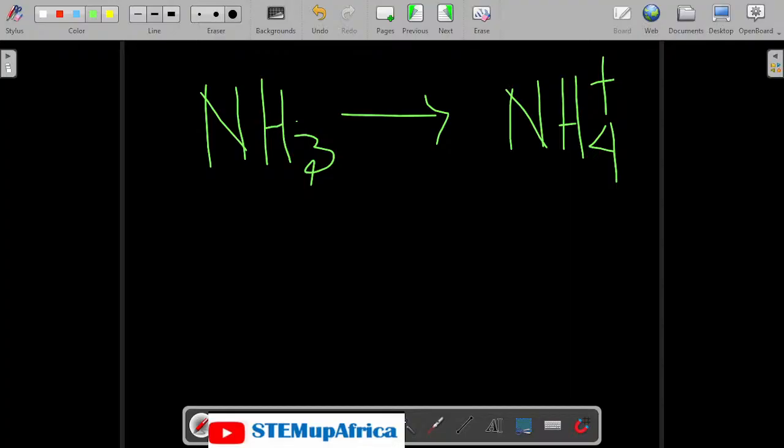Ammonia itself, if you are doing tests for cations and anions in qualitative analysis, you can use it to test for chlorine, you can use it to test for sodium hydroxide, and other anions. So for it to undergo precipitation, that means it will become ammonium.